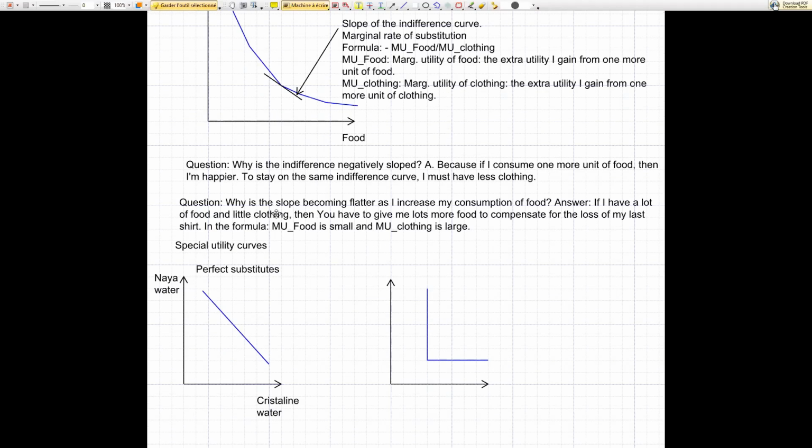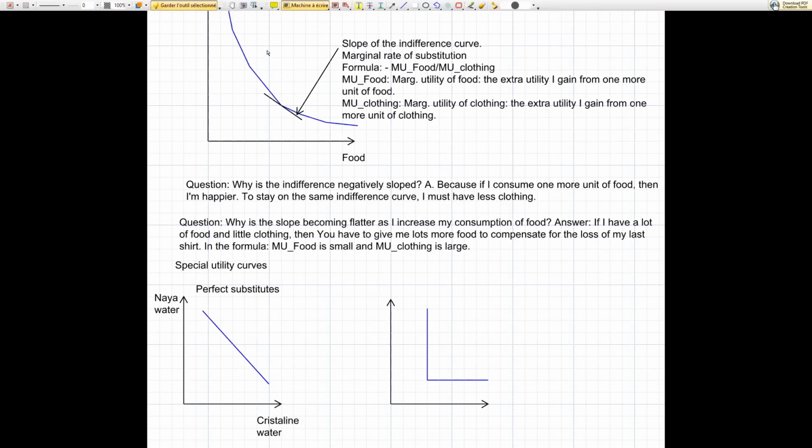So to answer that question, give me an example of some two goods that would have curves like that. To give you a hint, here I have some curve that looks like this.